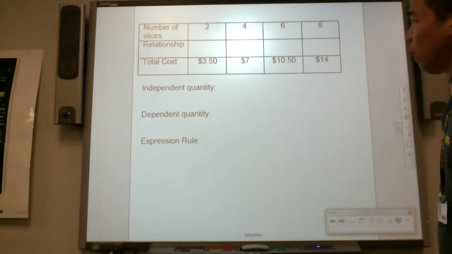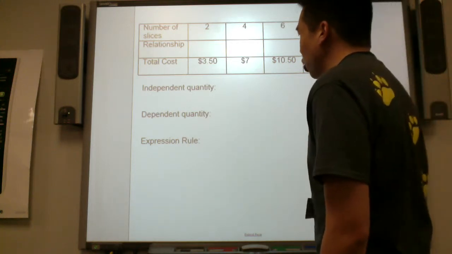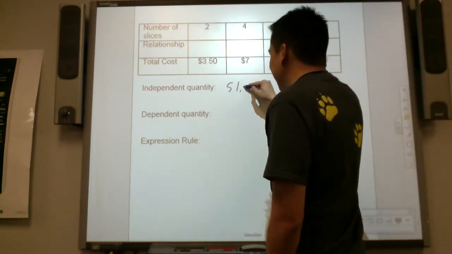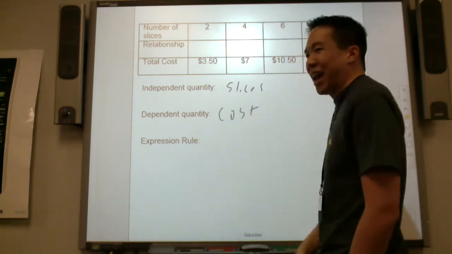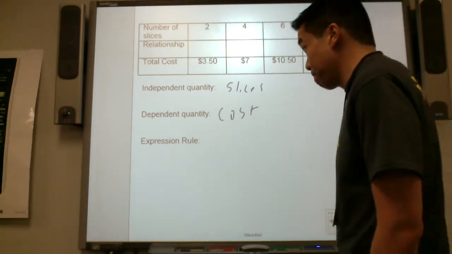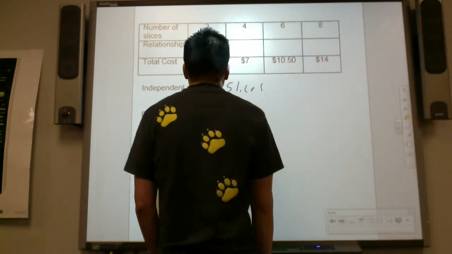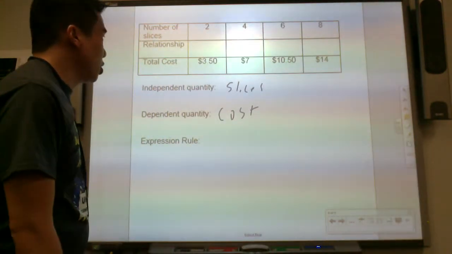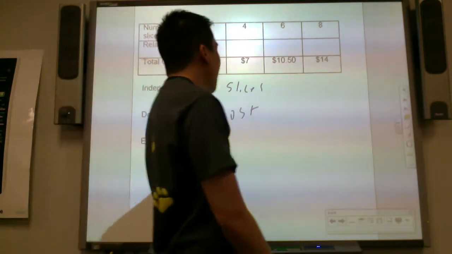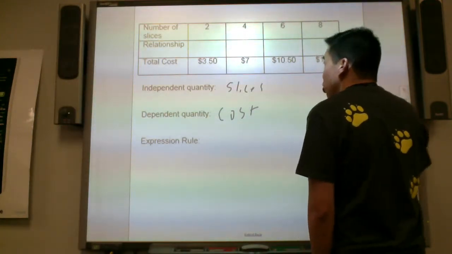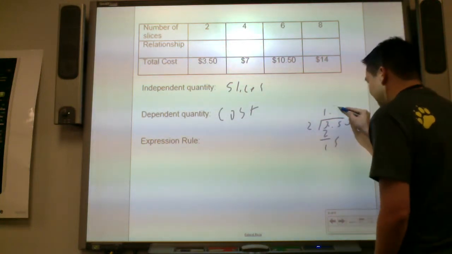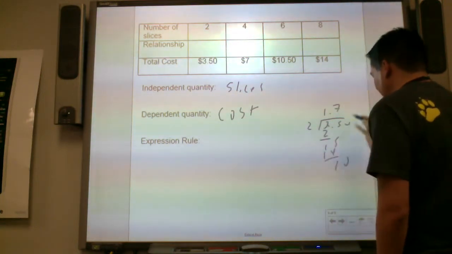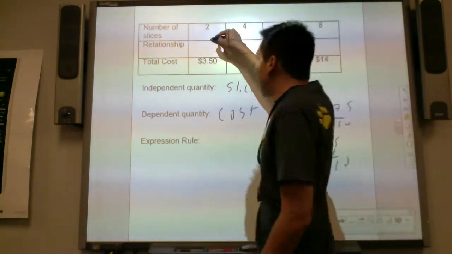Next one. So number of slices and total cost. The independent is slices, dependent is cost. So cost is dependent on how many slices you buy. So what is the pattern here? It's building up from 2 to $3.50, 4 to $7. How many 2's go into $3.50? It goes in $1.75.